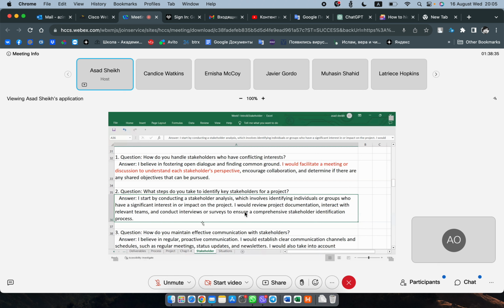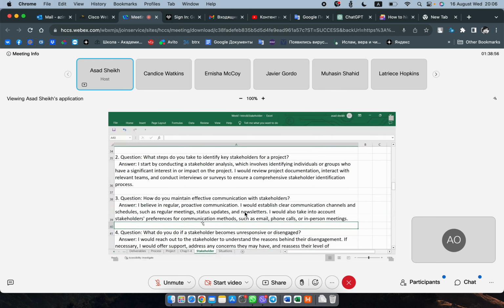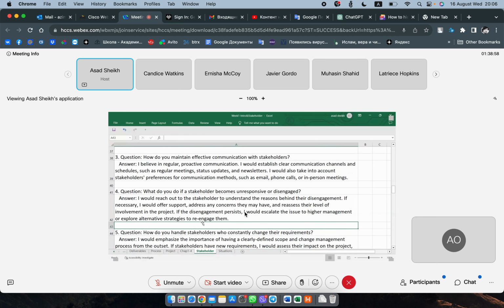And they're the ones who are going to tell you if you're missing anybody who should be in that sprint review. Remember the sprint review where they're going to review the product, service, or result. Mostly it's going to be a product of some kind. All right, that's what we get from question number 2. Question number 3. How do you maintain effective communication with a stakeholder?